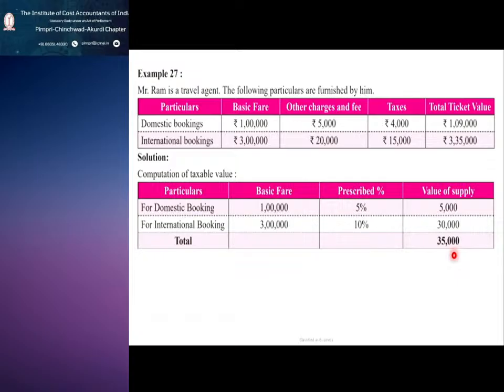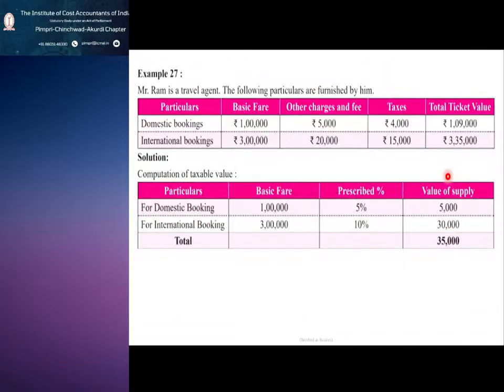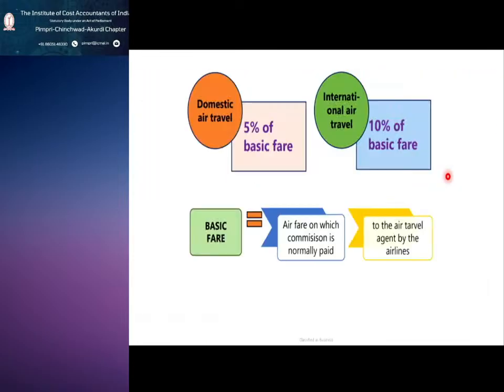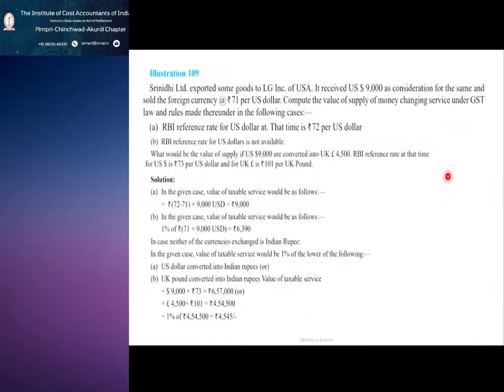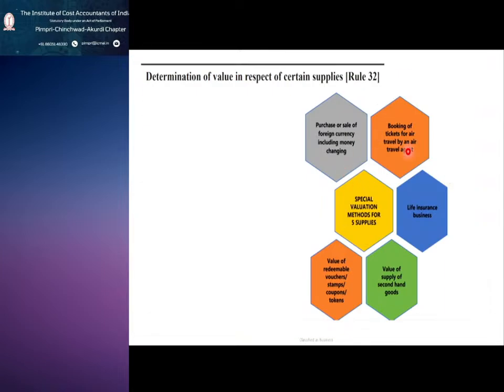Even in the final, I think we have the same. I'll see if I can get anything from the previous years' questions. Out of these 5 main specific supplies, we have completed 2.